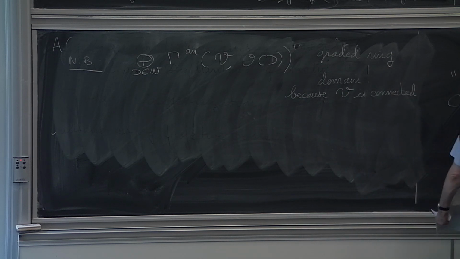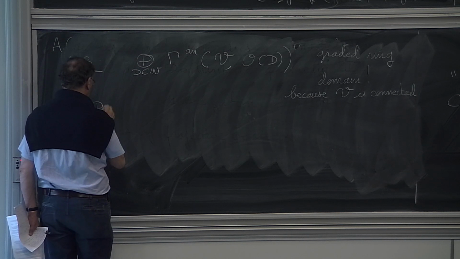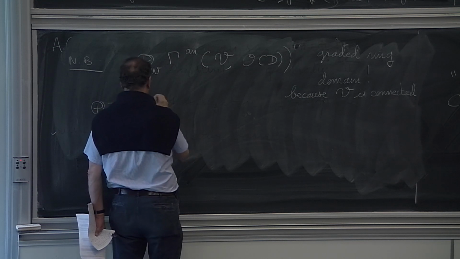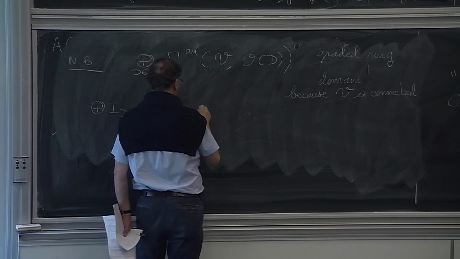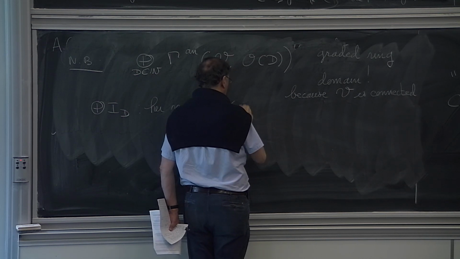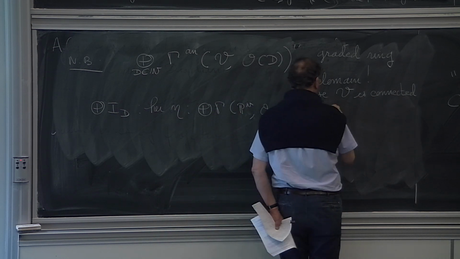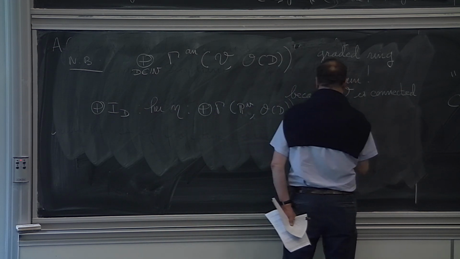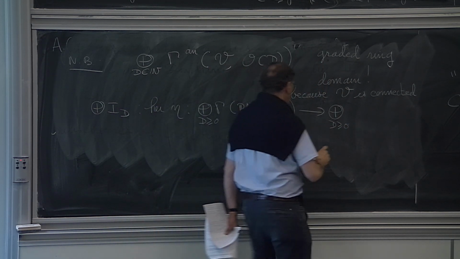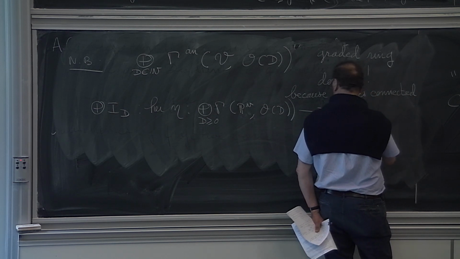Okay, so this ideal, which is the kernel of a map with range a domain, is a graded prime ideal.